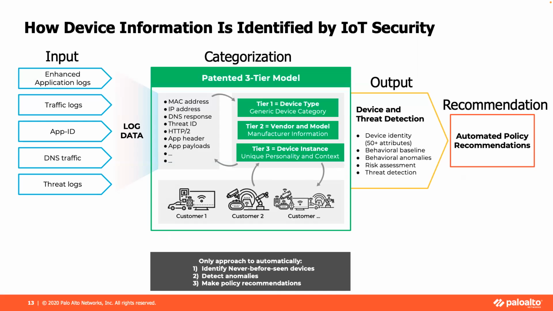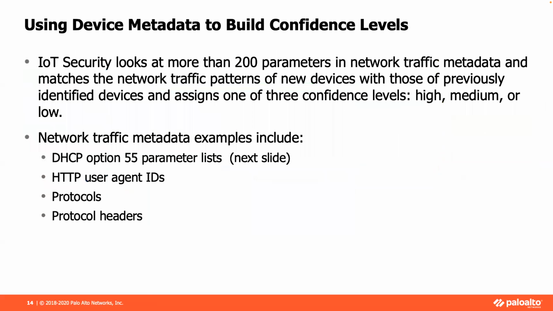We can look for anomalies and say, well, all of a sudden this device is starting to call back home and send videos that it sees from the security camera that it never did that before. It's all of a sudden doing it now. So we can detect these anomalies. And then we can make security policy rules and recommendations and tell you, we think you should do this. We think you should block that from happening. It's up to you to say yes or no, but we make the idea. How do we do this?